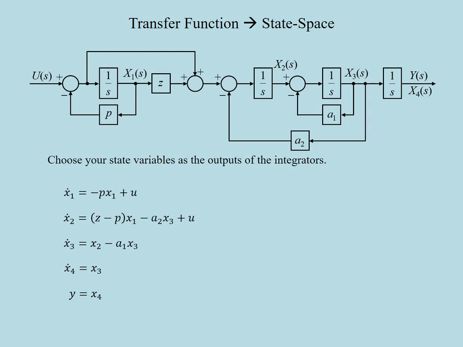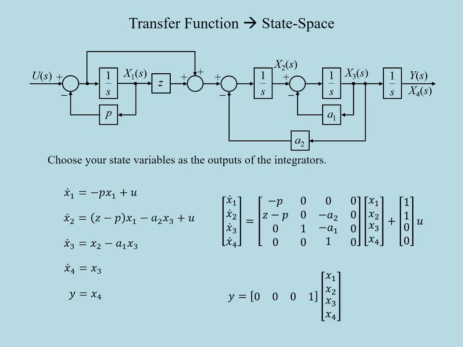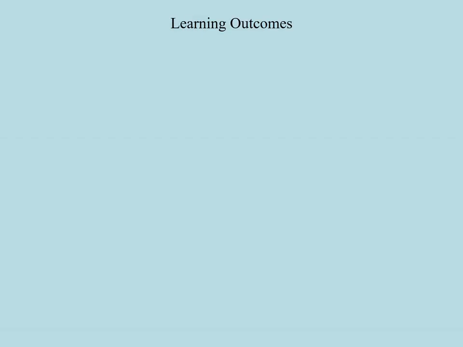You can write such equations first in frequency domain and then translate them to time domain, or you may prefer to write them in time domain directly. Finally collecting them in a matrix form, you can have your system equation and output equation corresponding to your transfer function. And that concludes our discussion of mathematical models of dynamic systems.